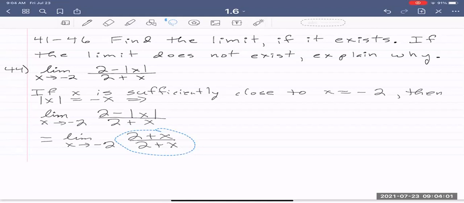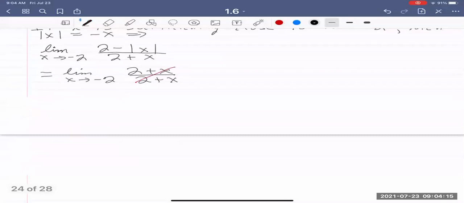The x plus 2's cancel. And so we have the limit as x approaches negative 2 of 1. Well, as x approaches anything, 1 just stays 1. So as x approaches negative 2, 1 still approaches 1.